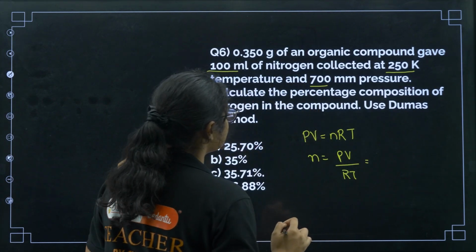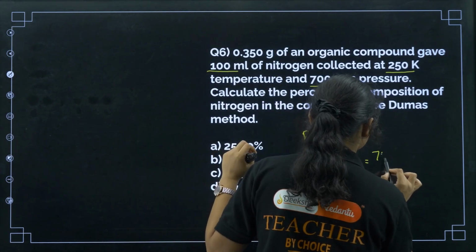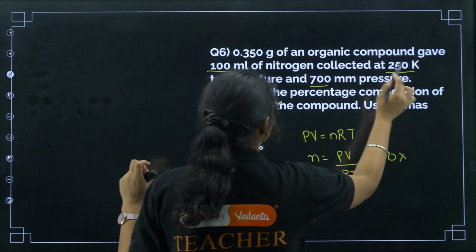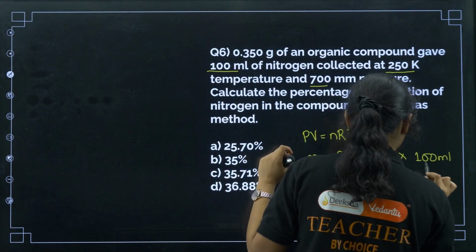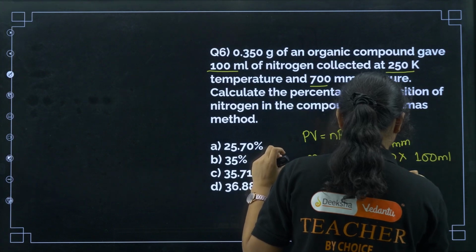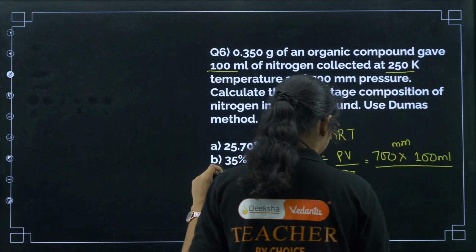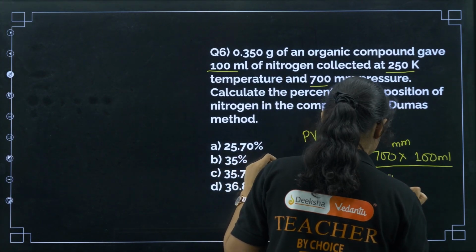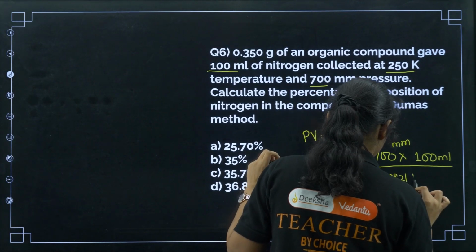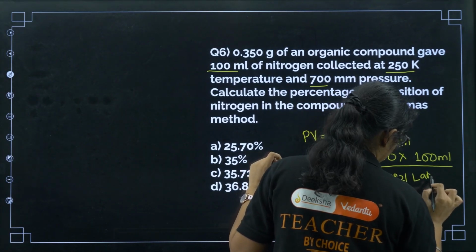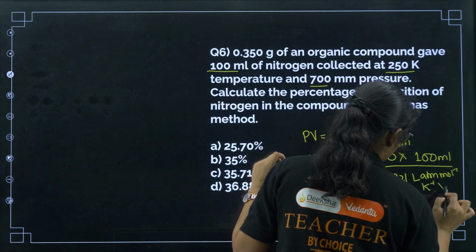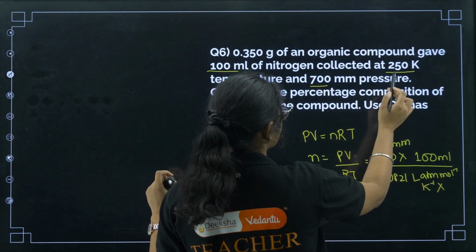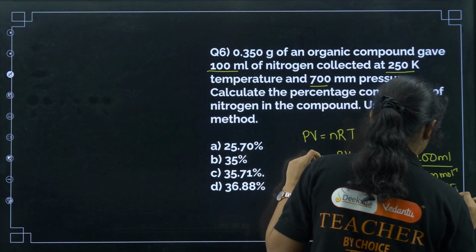So what is the pressure given to me? Pressure is 700 mm, right? Volume is 100 ml. Then we have R value as 0.0821 liter ATM mole inverse Kelvin inverse. And then the temperature given to me is 250 Kelvin.